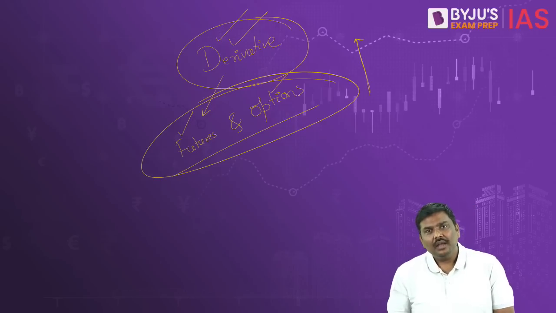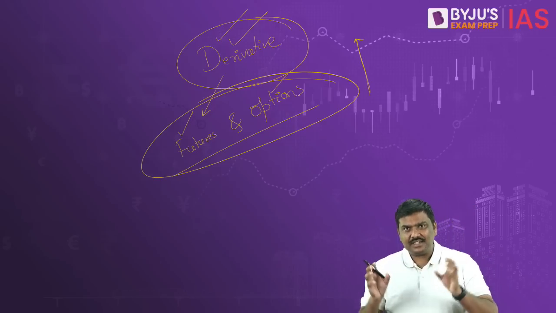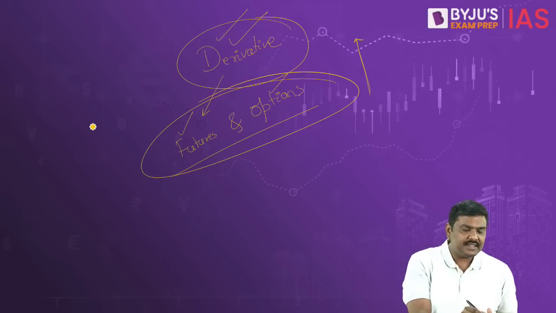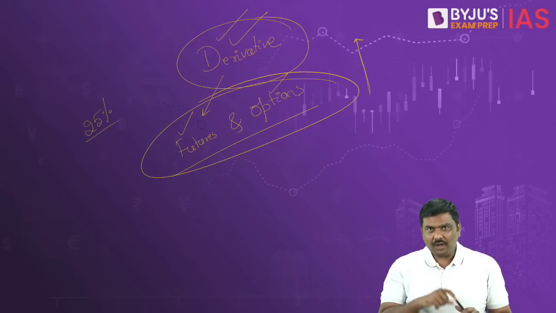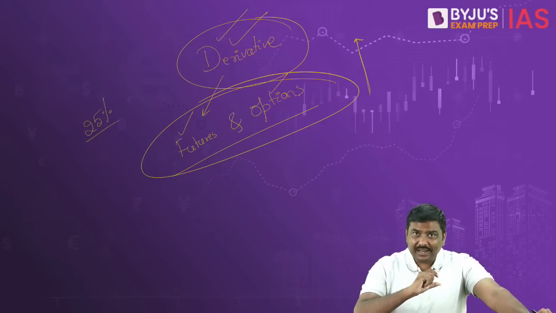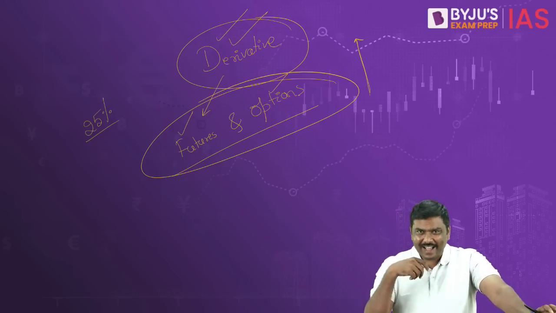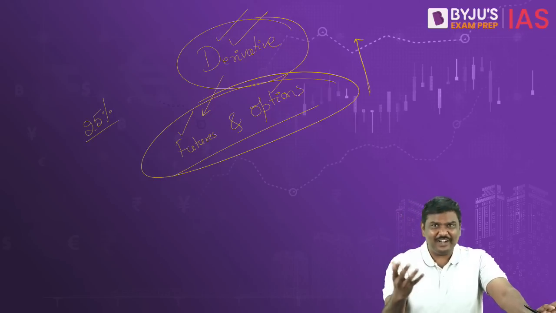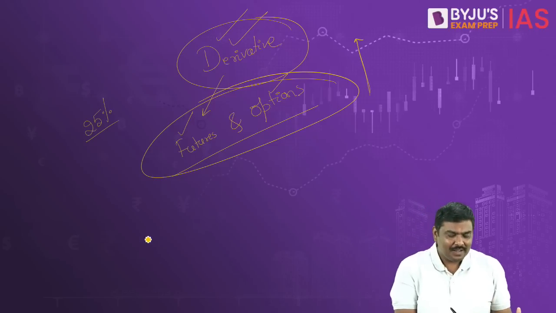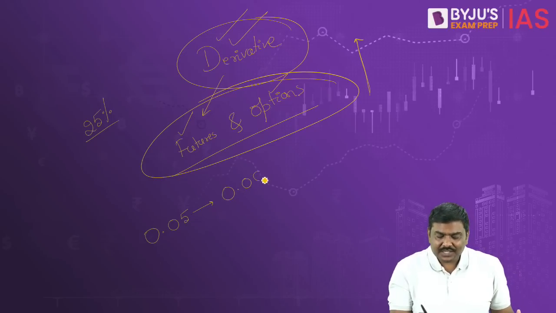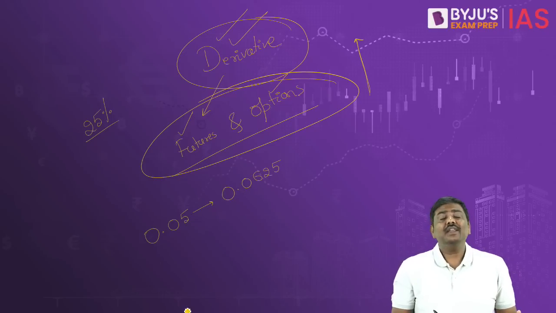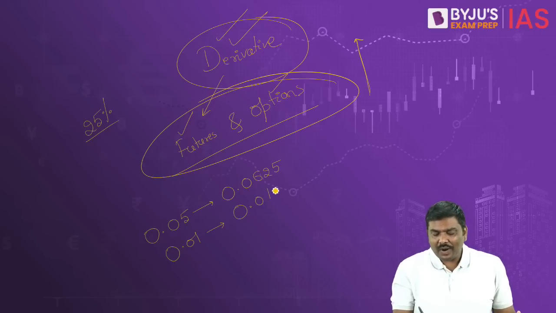Why? If you apply these taxes now, on an average, the taxes have been increased by around 25%. I hope you understand the statement by 25%, because you would have read in the newspaper that STT has been increased from 0.05 to 0.0625, or STT has been increased from 0.01 to 0.0125.